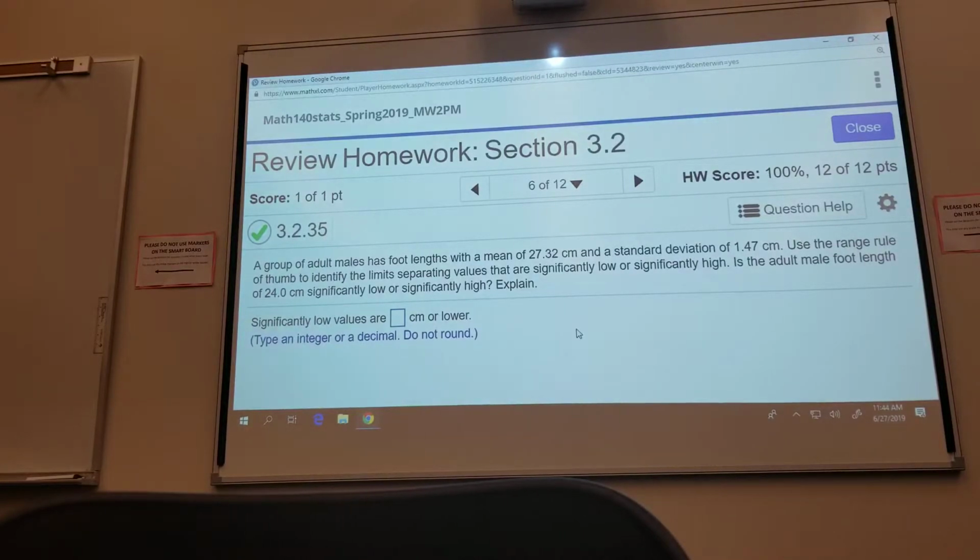So according to our formula, it's the mean plus or minus 2 times the standard deviation. So this is times 2, which is 2.94. Then our mean, 27.32, plus 2.94 for one of them. This is for our high values.